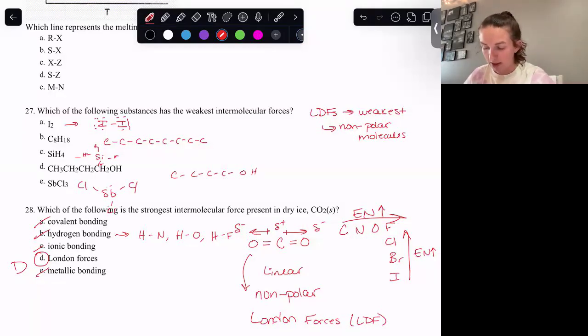So when we look at these five structures, what we need to look at is what forces are present and then how big are the molecules. So for I2, what's our strongest intermolecular force? What is the strongest intermolecular force of I2?